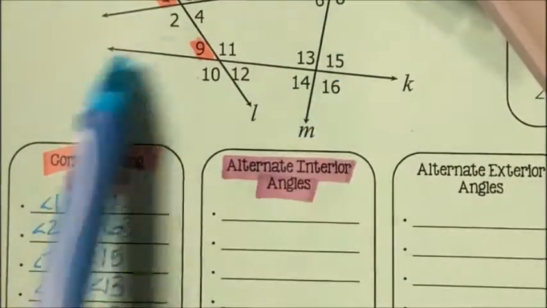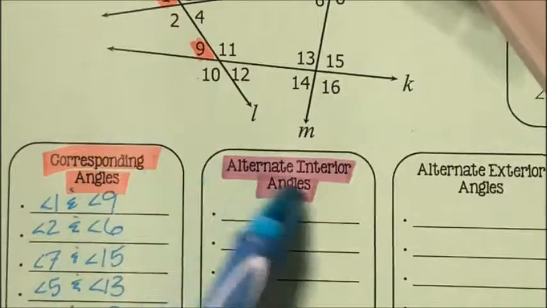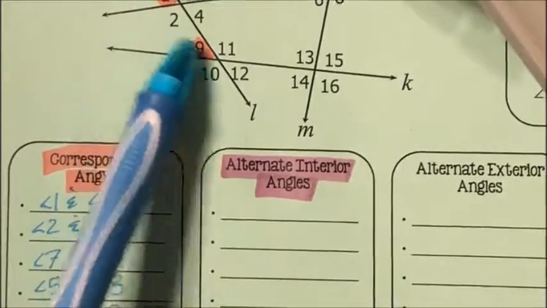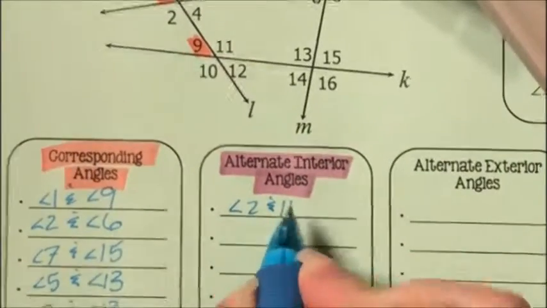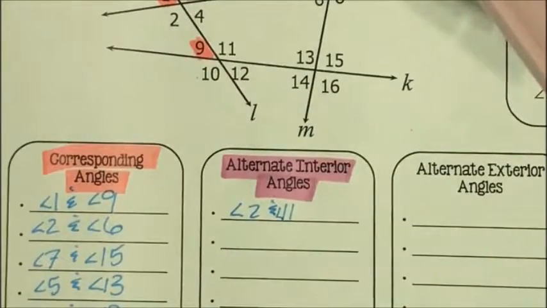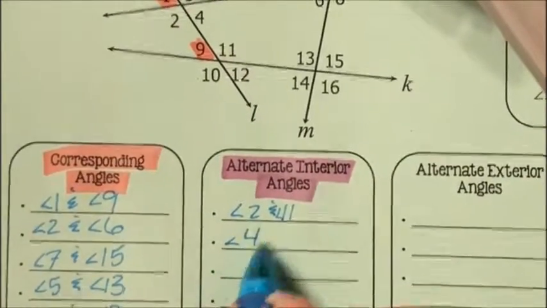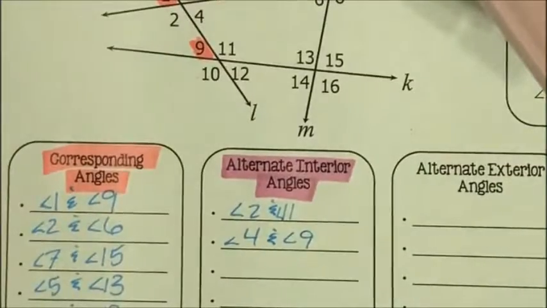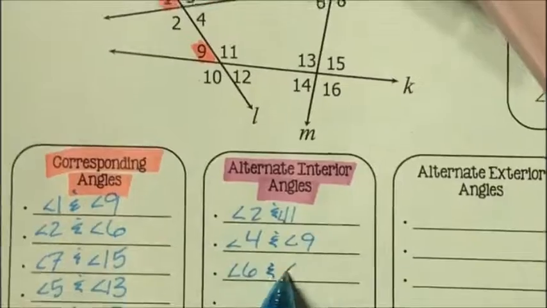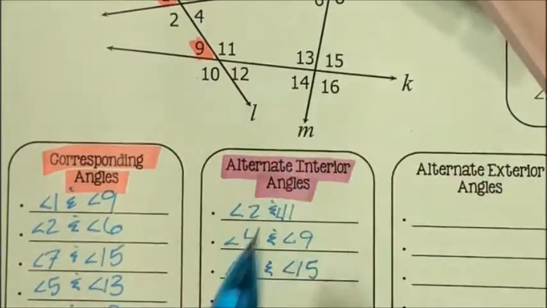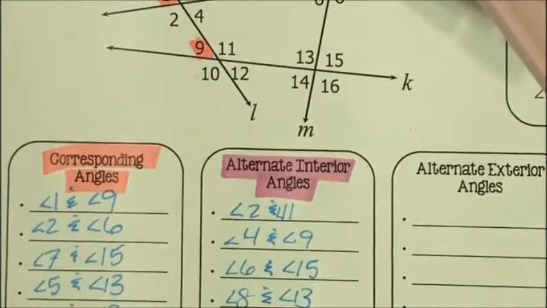So if I have two lines and they're cut by a transversal, the inside, because it's interior, so 2 and 11 could be alternate interior angles. 4 and 9 would be alternate interior angles. 6 and 15. 8 and 13 would be alternate interior angles.